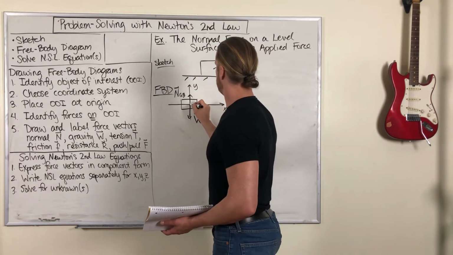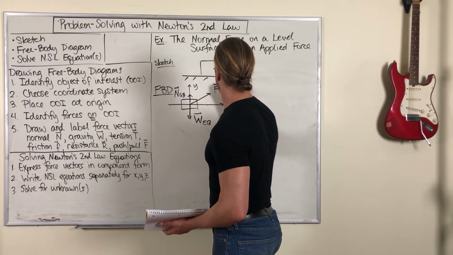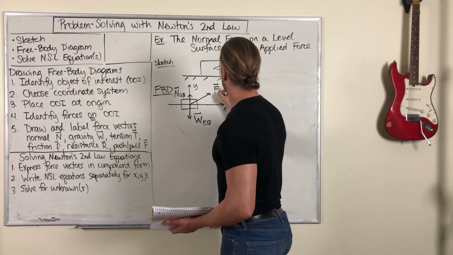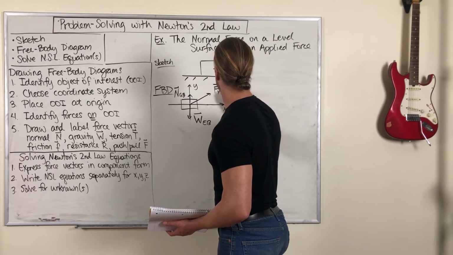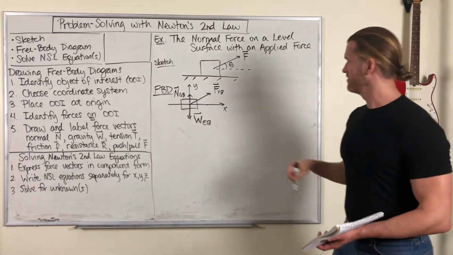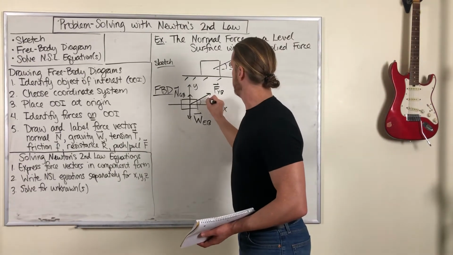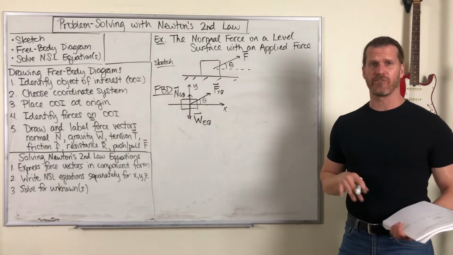And additionally, there is this applied force. Let's say that's caused by U pushing on the box, F, U, B, for U, box. And that's happening at this angle theta. Three forces.